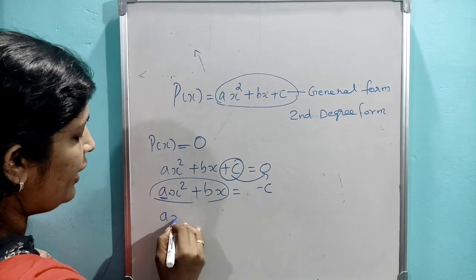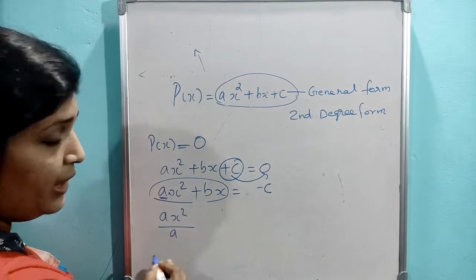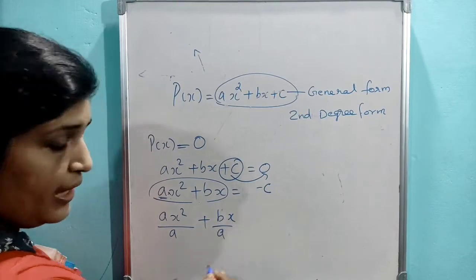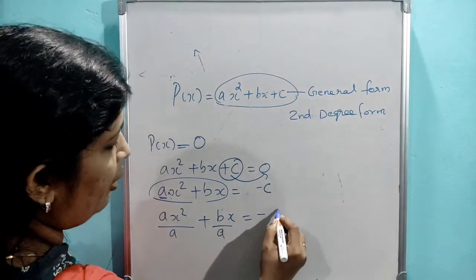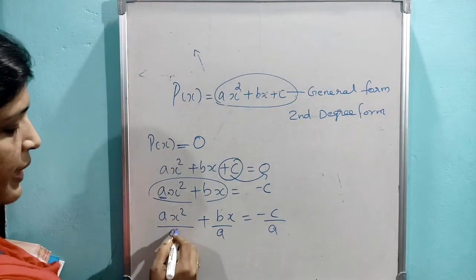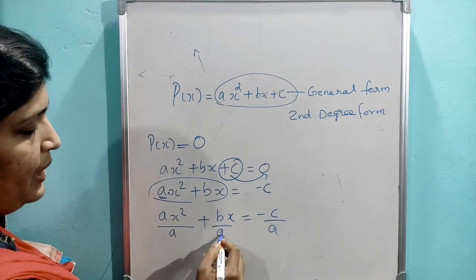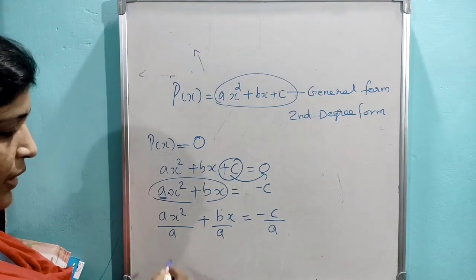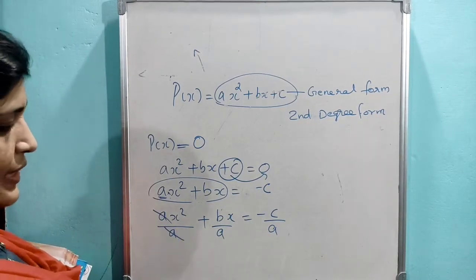So we have ax square by a plus bx by a, and here we have minus c by a. So a by a x square plus b by a x is equal to minus c by a. A and a get cancelled.